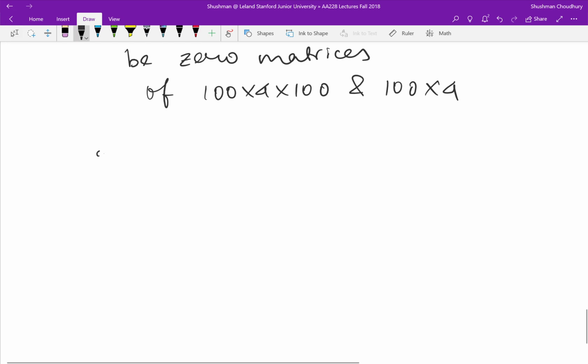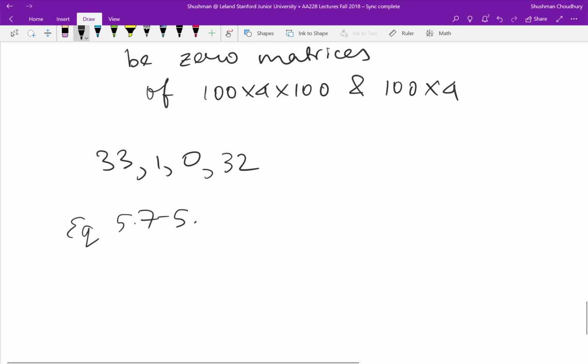So for example, if we see the following transition, 33, 1, 32, when you look at this, all you need to do is, based on equation 5.7 to 5.9, again, first you increment the count of n 33 1, plus plus, because that's just the count, right?